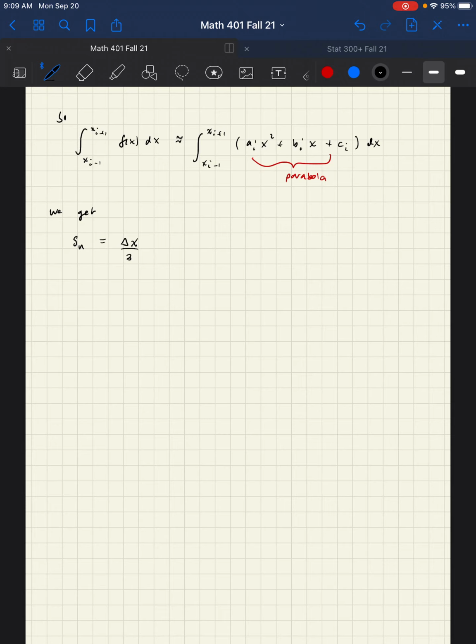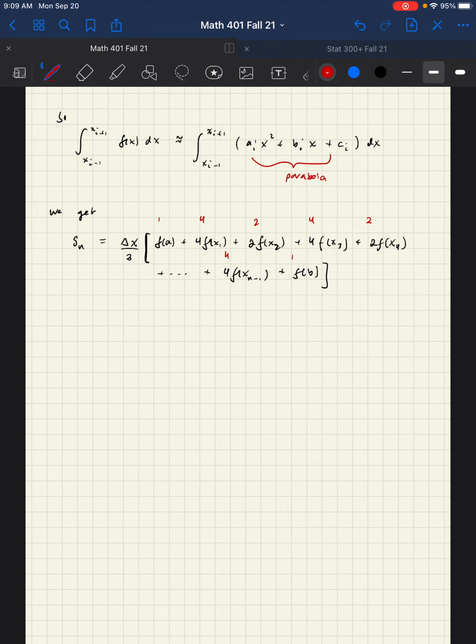If we add them all up, the Simpson's rule approximation, S sub n, is delta x divided by 3 times f of a plus 4 times f of x sub 1 plus 2 times f of x sub 2 plus 4 times f of x sub 3 plus 2 times f of x sub 4 plus dot dot dot plus 4 times f of x sub n minus 1 plus f of b.